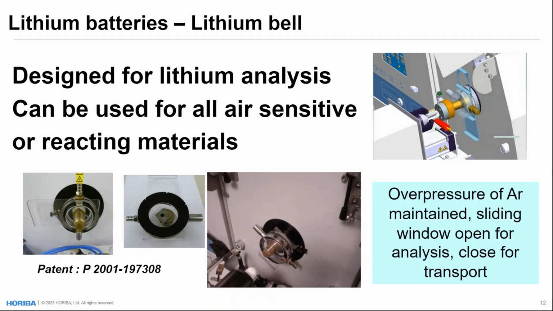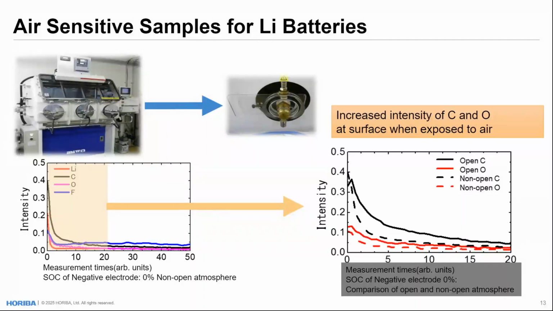Now, if I give you an example of how this device can help us, for example, you can prepare your sample inside the glove box and then put it inside the lithium bell and transfer it to the instrument and do the measurement. And then you can see the difference in the results. So on the right side, you see the results of the same sample without using lithium bell.